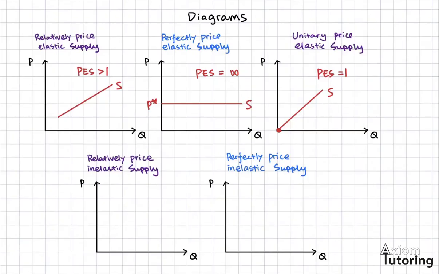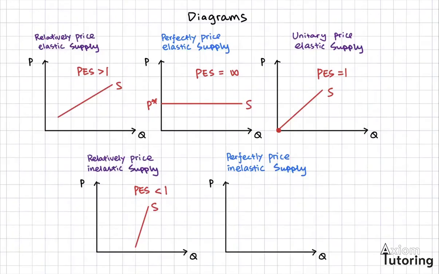Next, price inelastic supply with PES smaller than 1. In the diagram, the supply curve is relatively steep. This means price changes only have a very small impact on quantity supplied. A classical real-world example is agricultural products in the short run. Even if the price of wheat doubles today, farmers cannot instantly grow more wheat this season.